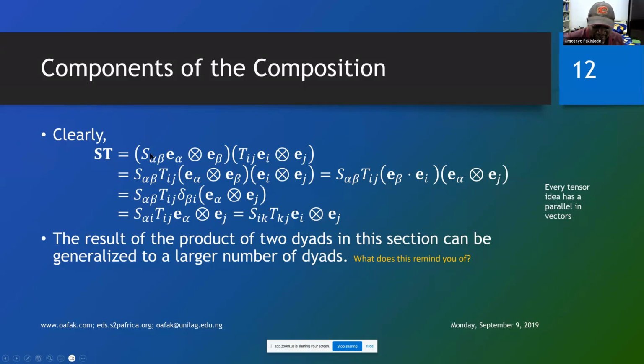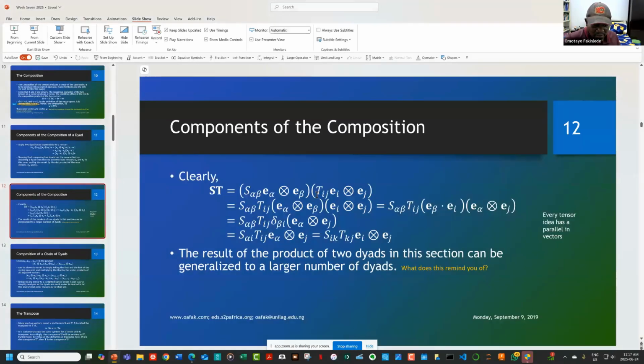Like I can move T_ij here, but I cannot just move the vectors anyhow. Why must I be careful how I move the vectors, whereas once I know something is a scalar, I can move it? I want you to go to the chat room and tell me why. I will type the question here.